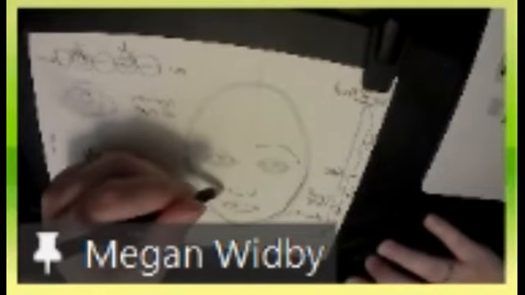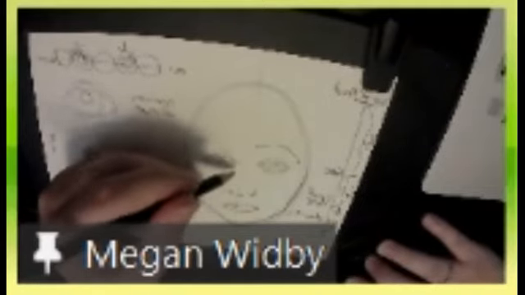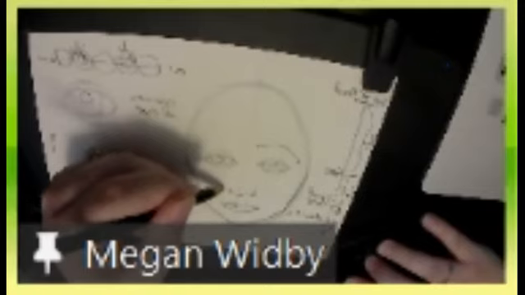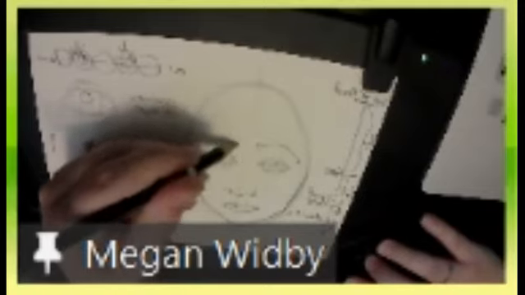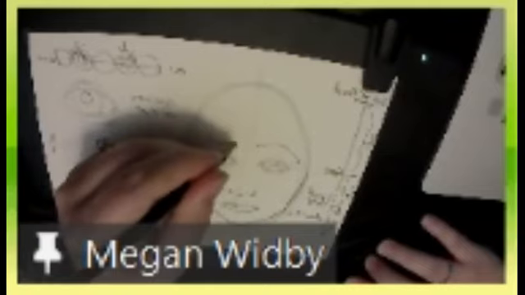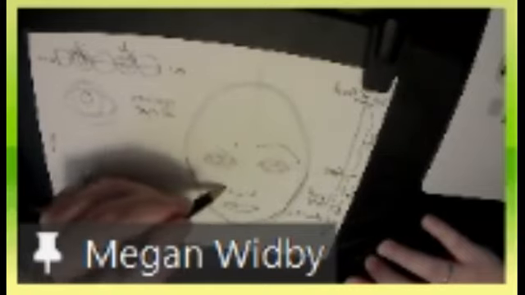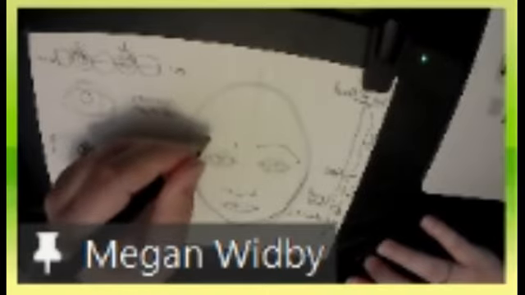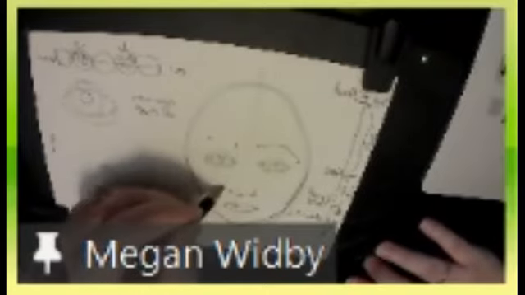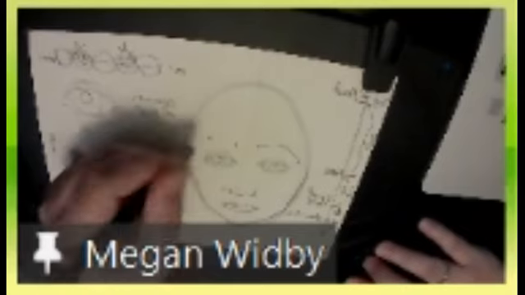So I'm going to do that again on this side. The line from my nose to the inside of my eye, from the corner of my nose through the center of my pupil, and then from the corner of my nose to the outside corner of my eye.